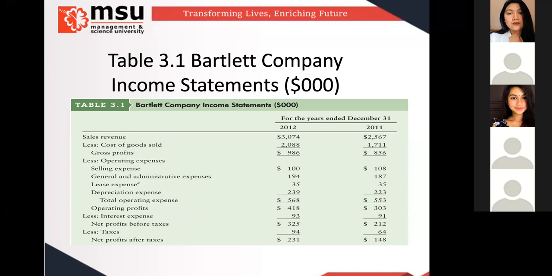Gross profit, I think. Is that correct, madam? No, not gross profit. Gross profit is profit. Purchases is something you buy, so it's referring to cost of goods sold.